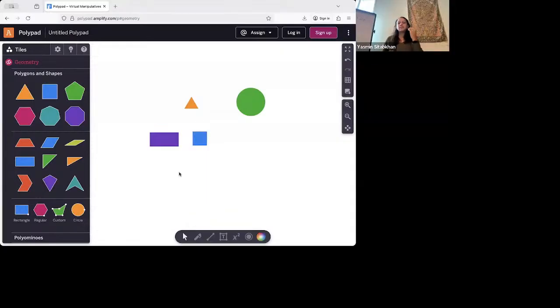So these are just the kinds of conversations you want to have with students. We don't want to just say this is a triangle, this is a square, this is a rectangle. Getting students to pay attention to the features is really important. It has 4 sides and 4 corners or vertices.